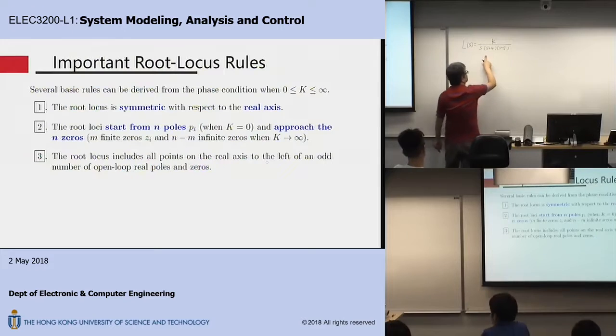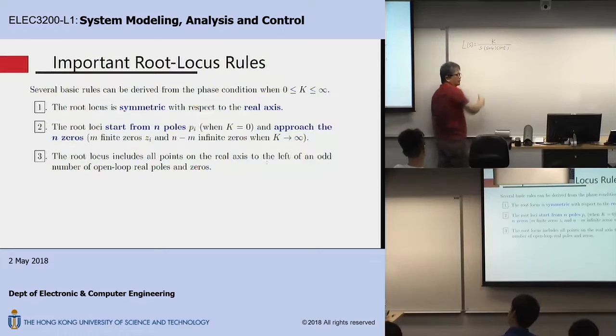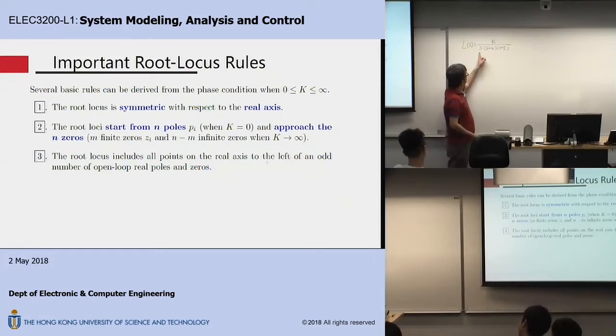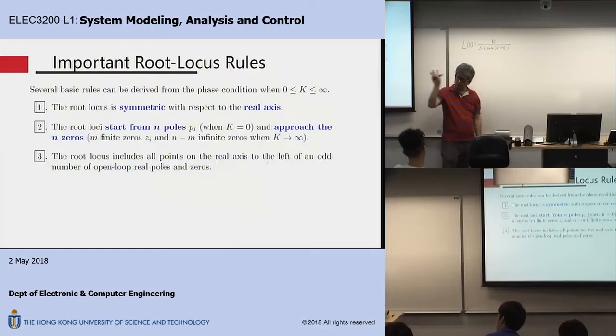This L has no zero and 3 poles. So you say the relative degree is 3. That is, the number of poles minus the number of zeros is called the relative degree. That's 3.